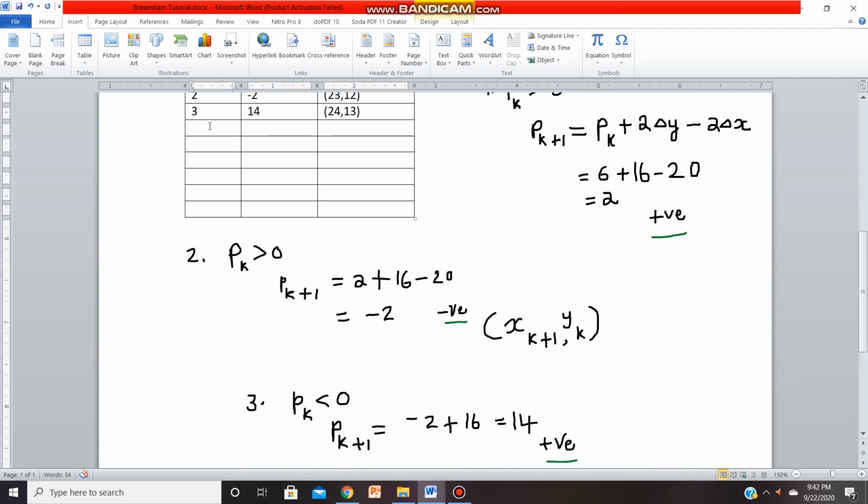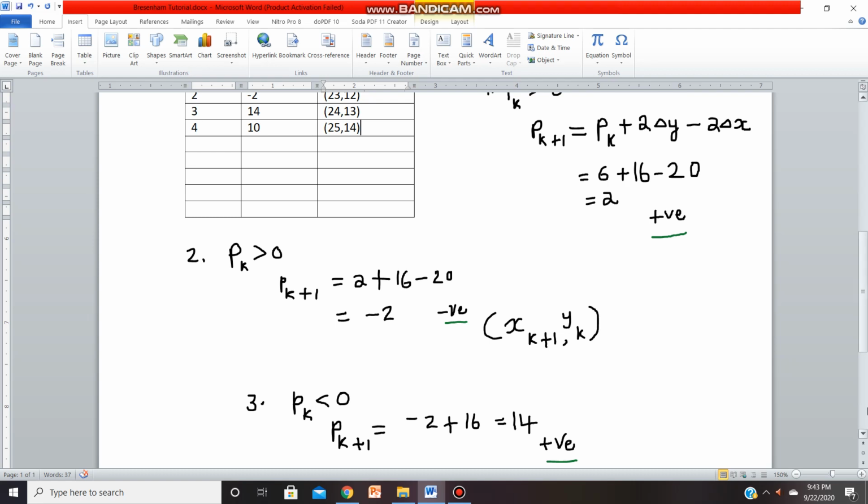When k becomes 4, I am getting P4 as 10 and since it is a positive value, the next pixel position will be xk plus 1, yk plus 1. So I am getting the next pixel as 25, 14.